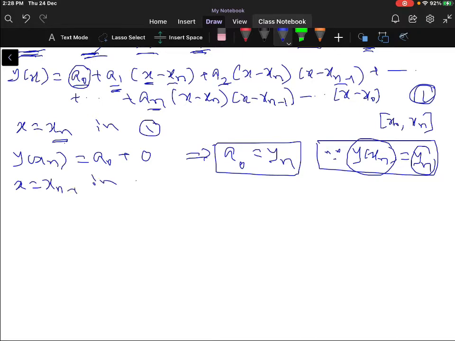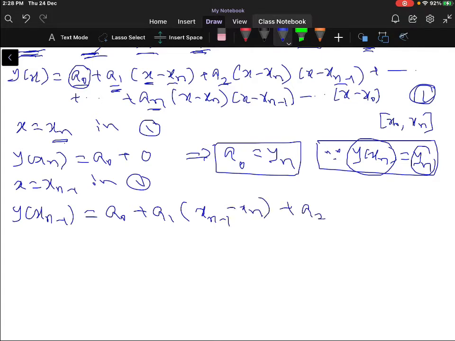Now to find the value of a1, we take x is equal to xn minus 1 in equation 1. We get y of xn minus 1 is equal to a naught plus a1 into xn minus 1 minus xn plus a2 into 0.